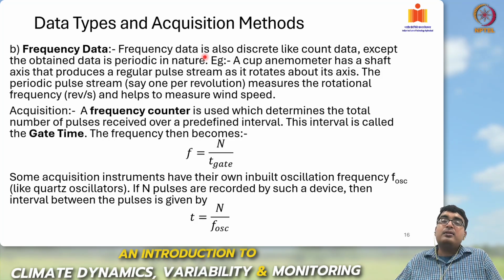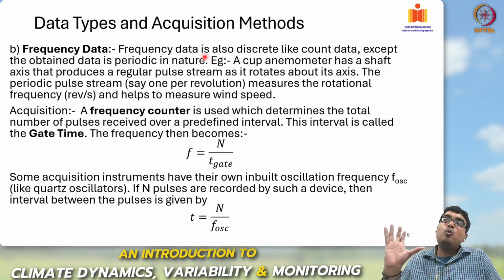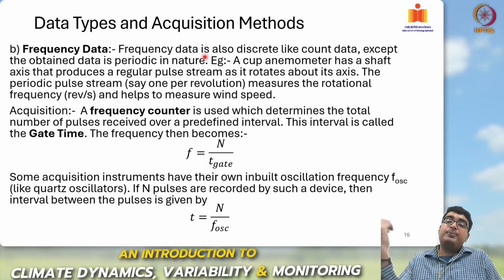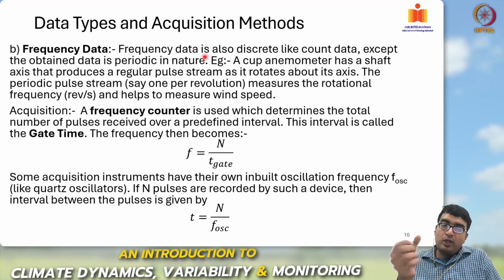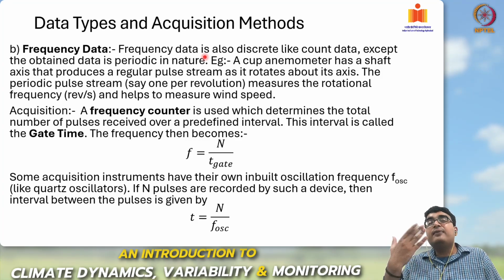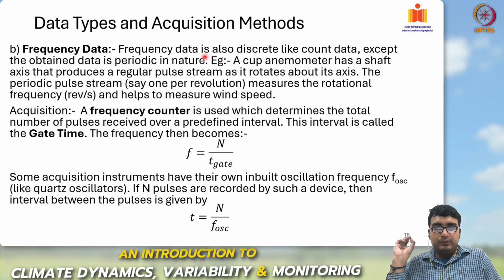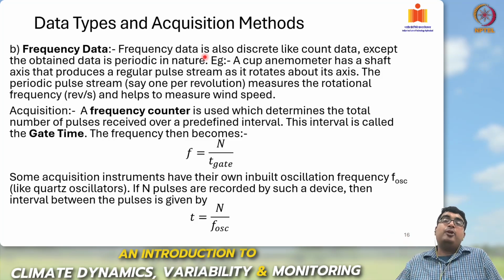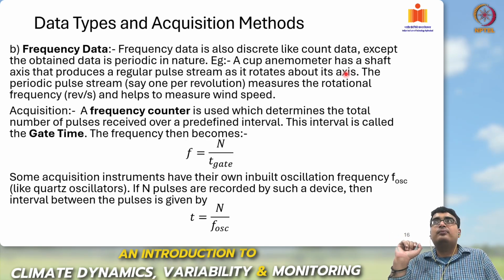However, consider a cup anemometer which is used to measure wind speed. The cups are rotating around the shaft, and the rotational motion of the shaft gives a measure of the wind speed. The cup anemometer has a shaft axis that produces a regular pulse stream as it rotates about its axis. So for example, suppose at every 60-degree rotation of the shaft, a pulse gets triggered.